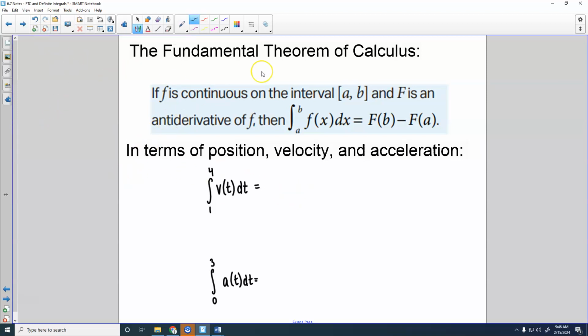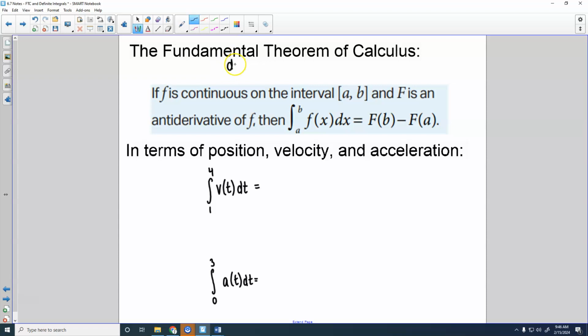So, the fundamental theorem of calculus, we have already looked at one version of it, which was that if we took the derivative of an integral, it gave us the function. There are 2 different iterations of the fundamental theorem of calculus.